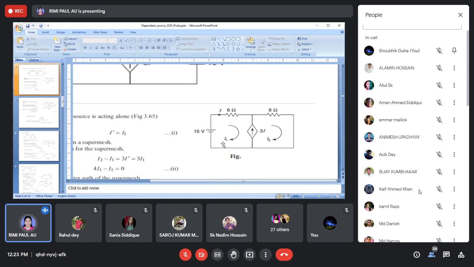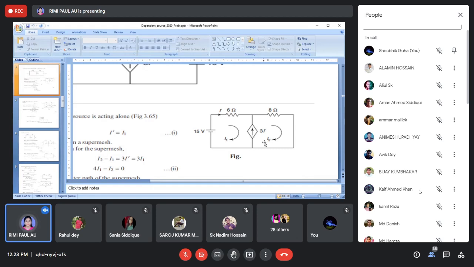I2 minus I1 is equal to 3I prime. What is I prime? Now 15 by 6 is equal to I prime, right? And I'm coming to that later. So the first step in the super mesh is I2 minus I1 is equal to 3I prime. Write it down.